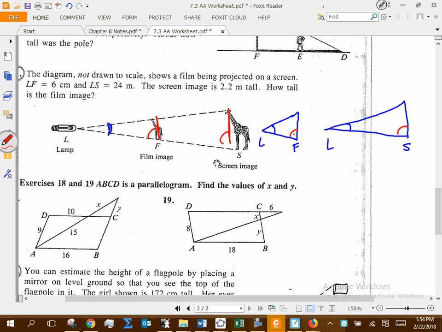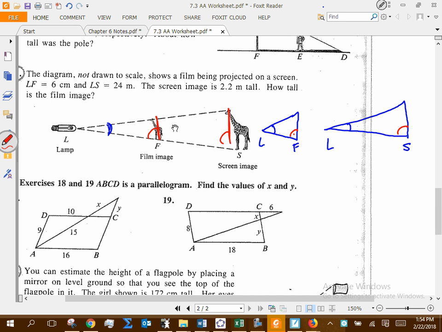In order for those two angles to be congruent, what is the assumption that I need to know about the orientation of the film and the orientation of the screen? They have to be what to one another? How do they have to be placed? They have to be parallel.